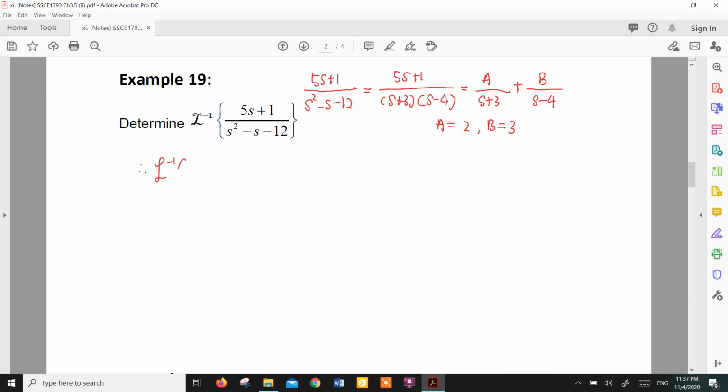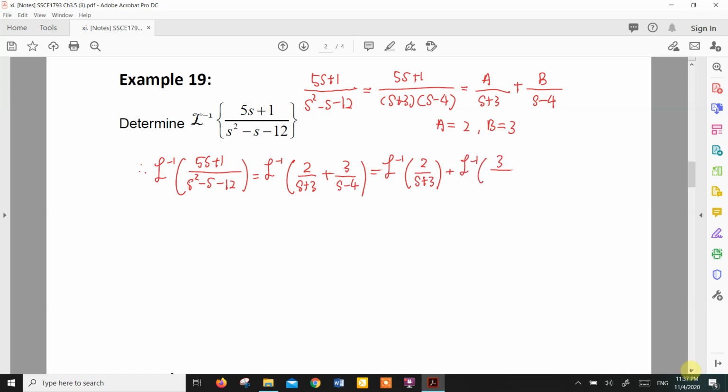So the inverse Laplace of 5s plus 1 over s square minus s minus 12 is equal to the inverse Laplace of 2 over s plus 3 plus 3 over s minus 4. So this is equal to the inverse Laplace of 2 over s plus 3 plus the inverse of 3 over s minus 4.